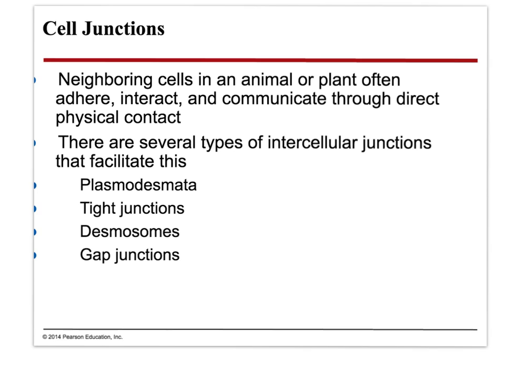Okay? There are 3 other types of cellular junctions that are important, especially in animal cells. And the reason why we talk about cellular junctions is because in biological organization, what do groups of cells of similar structure and function do? What do they become? What's the next step up? Tissues.